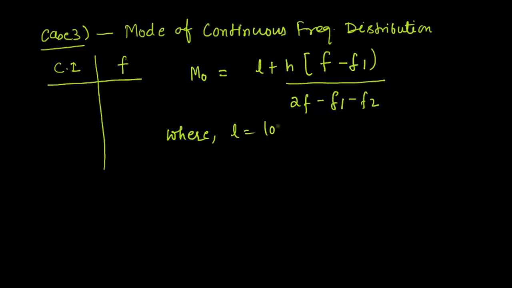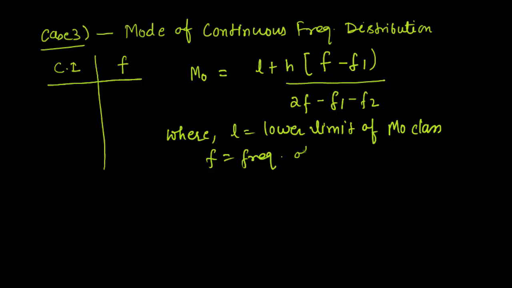L is the lower limit of modal class, f is the frequency value of modal class. Now f1, f2 and h, there are 3 more variables.